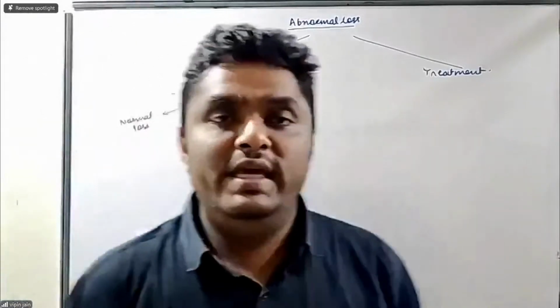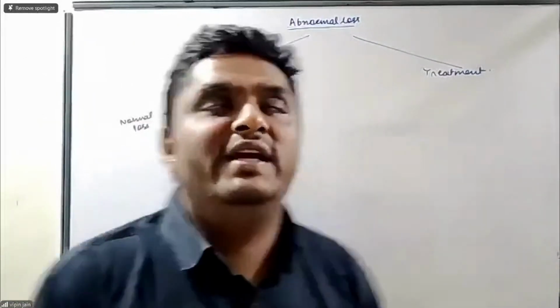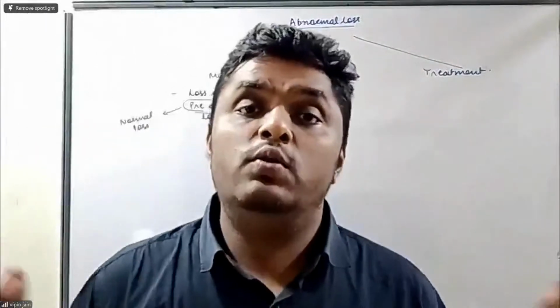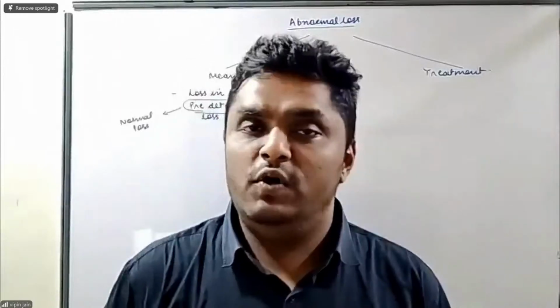So the loss in excess of predetermined loss is what we call as abnormal loss. Predetermined loss means what? Normal loss. So normal loss से अगर कुछ ज्यादा extra loss हो जाता है, this is what we call as abnormal loss.